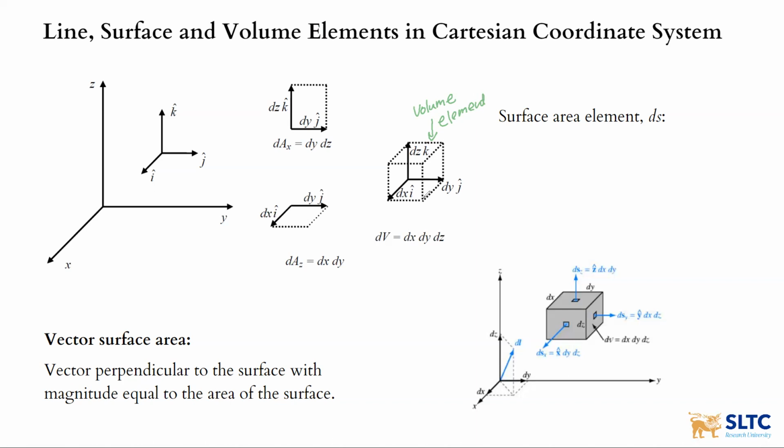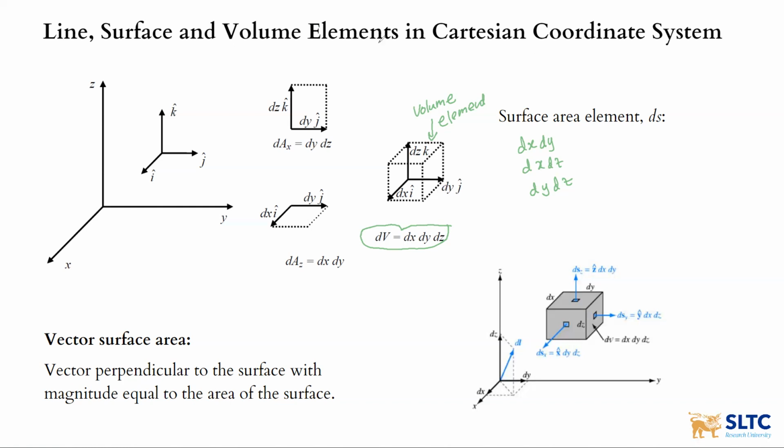So one is dx dy, another is dx dz, another one is dy dz. These are really easy calculations, right? And then the volume element we can take by taking the product of dx, dy, and dz, the product of all the perpendicular elements, giving the volume of the smallest element in the Cartesian coordinate system.